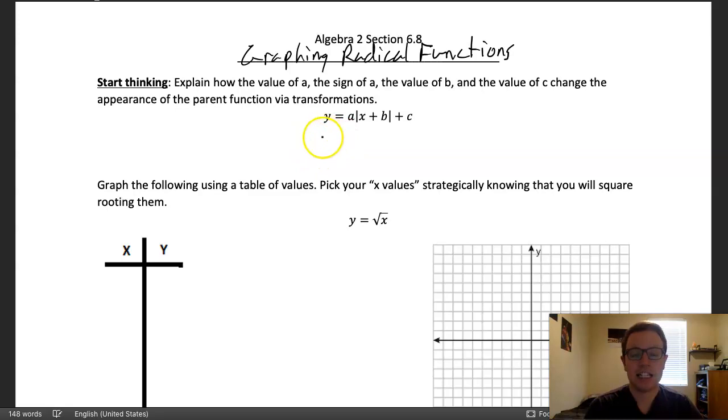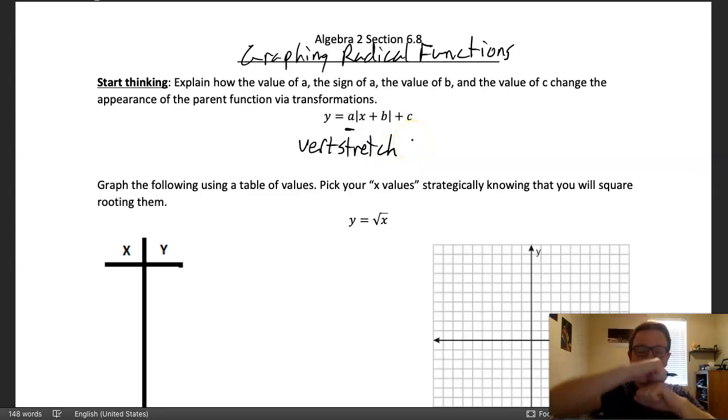We have here y is equal to a absolute value of x plus b plus c. See if you can remember what each of these does. What does a do, what does b do, and what does c do? So the coefficient here, or the a value, is going to be our vertical stretch or compression, meaning that it's going to tell us how much taller or how much shorter our function is.